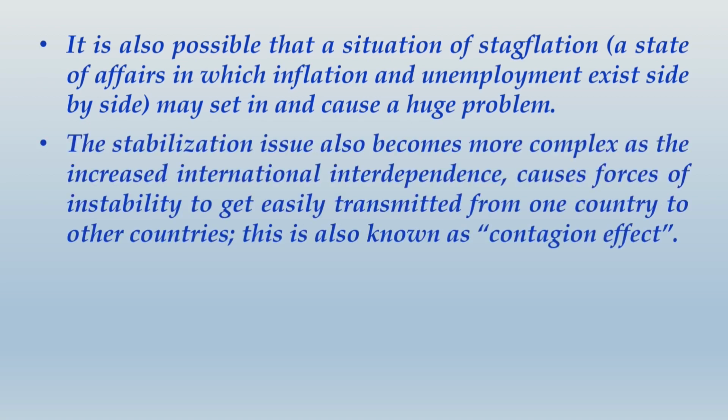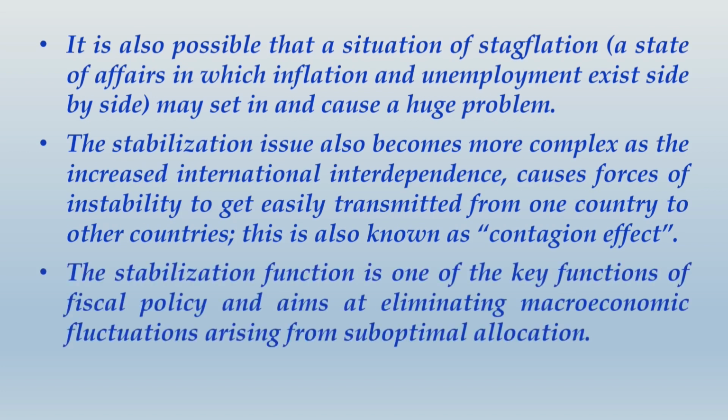The stabilization issue also becomes more complex as the increased international interdependence causes forces of instability to get easily transmitted from one country to other countries. This is also known as contagion effect. The stabilization function is one of the key functions of fiscal policy, and aims at eliminating macroeconomic fluctuations arising from suboptimal allocation. So please write up this whole thing and then I take you ahead.